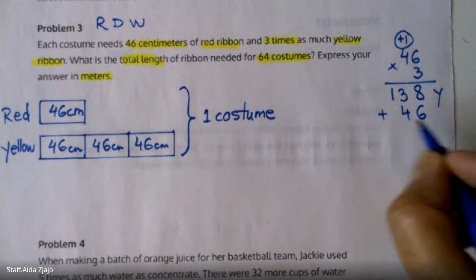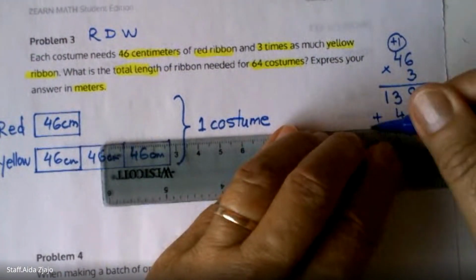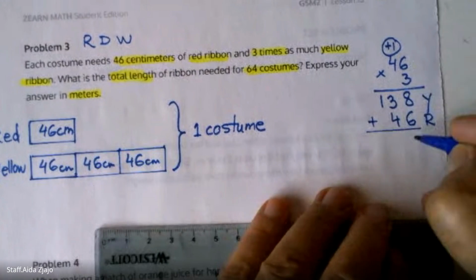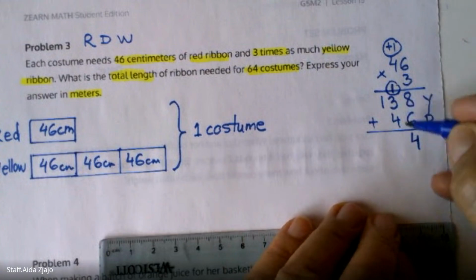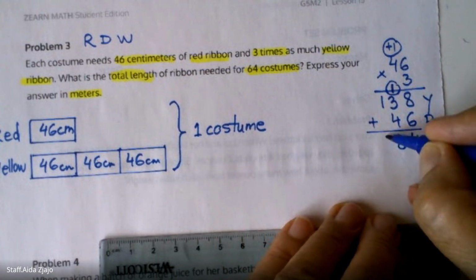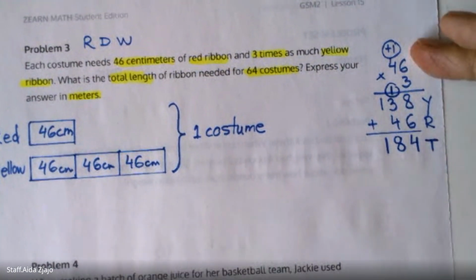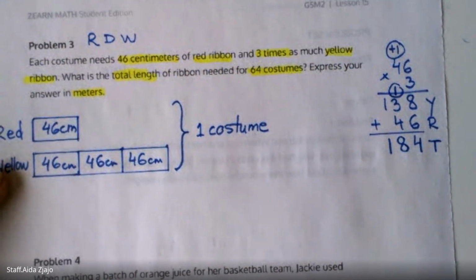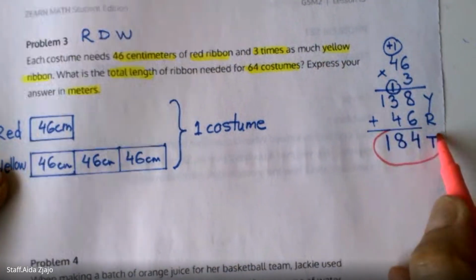Together, that will be how many one costume needs. 8 plus 6 is 14, I remember 1. 4 plus 4 is 8, plus the 1 is... And the total ribbon they need is 184 centimeters.